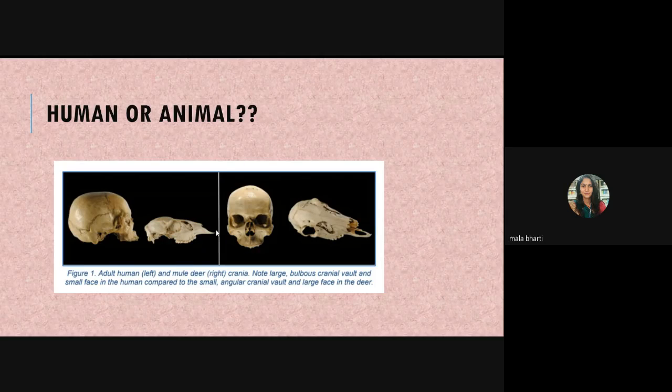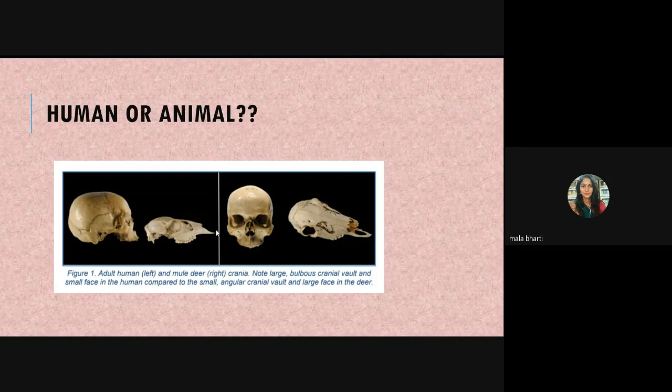And I think, moreover, it is important that we are first able to identify whether it's bone or not. Right, so there can be certain pieces of plastic, stone, wood, which might give an impression of a bone, but that is not bone. So, by carefully examining its microscopic structure, we can give our opinion regarding whether or not it's bone.